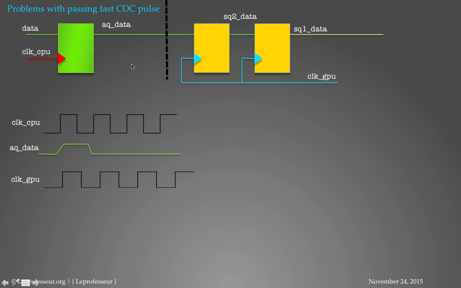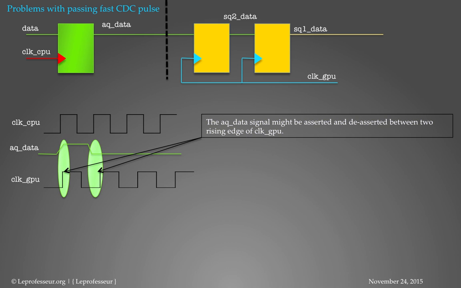Now let's discuss another interesting thing. What are the typical problems when we pass a too fast CDC pulse? Okay, so you have done everything right. You are registering the data signal in the sending clock domain, and then in the receiving clock domain you have two flip-flops synchronizing. However, your pulse or async data is changing too fast. Okay, so there are problems.